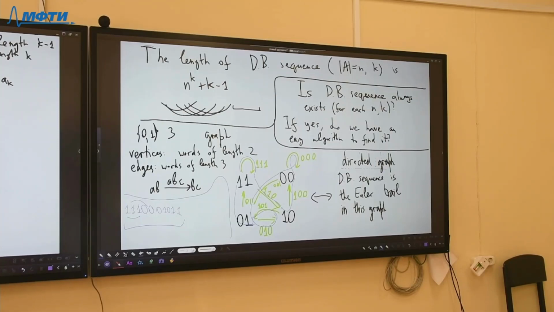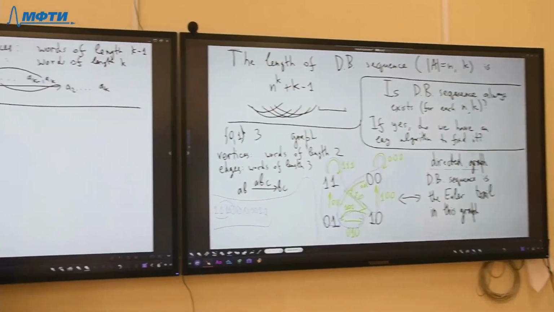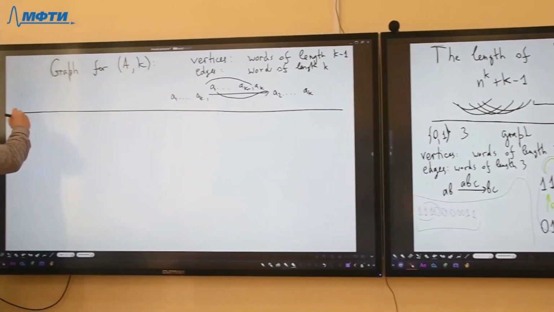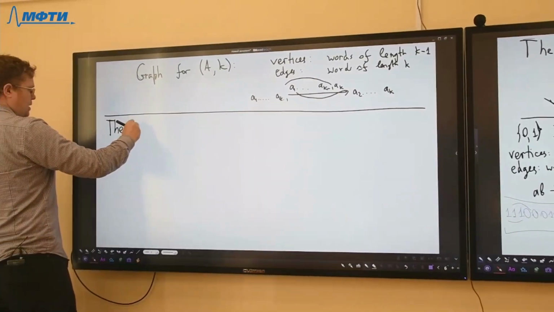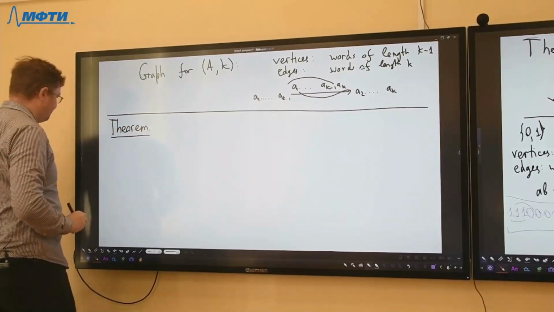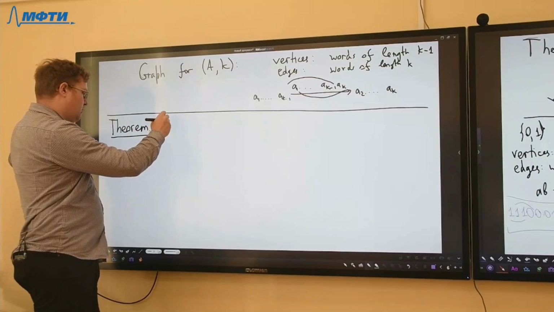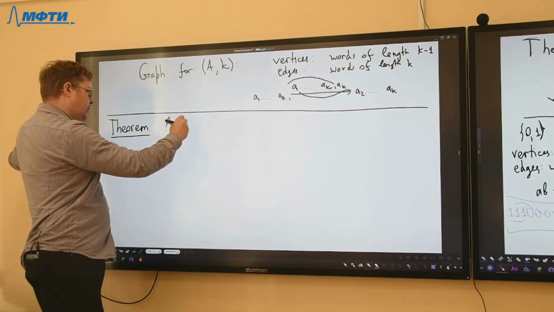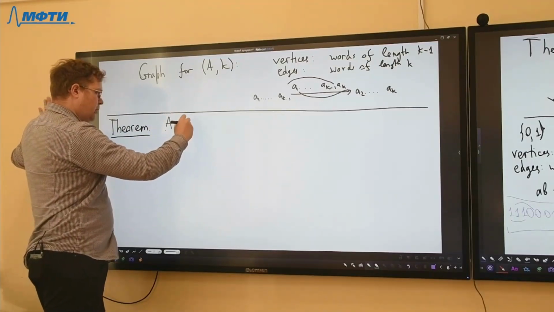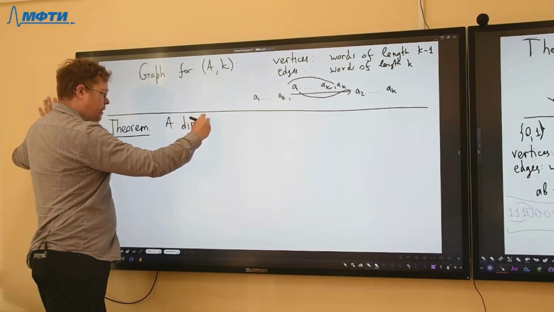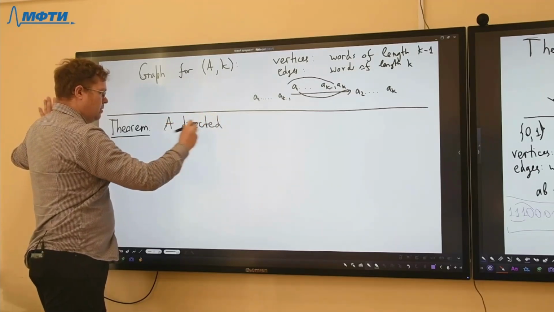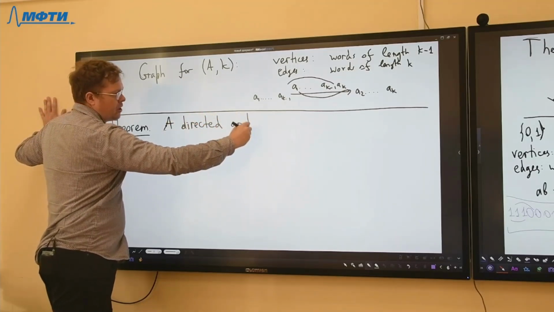Okay, so we need to prove the theorem for a directed graph. So the definition is the same.